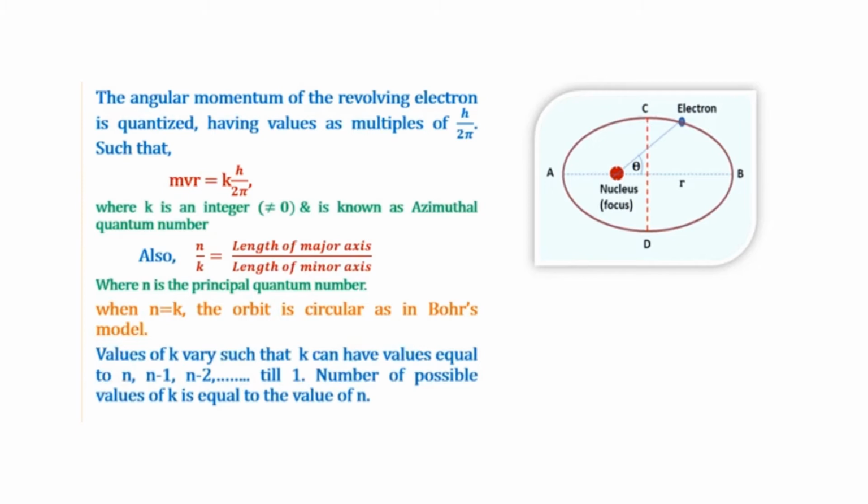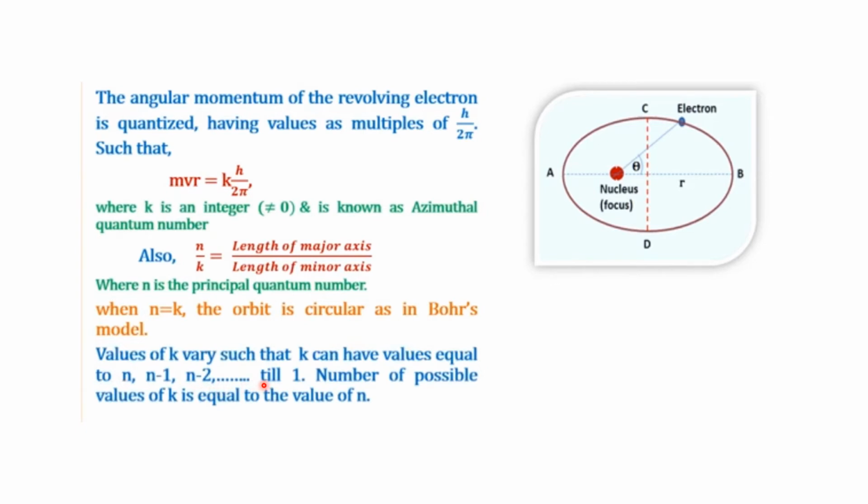It was observed that this n by k value gives the shape of the orbit, and where n is equal to k, the orbit is circular in shape. The values of k can be n, n-1, n-2, and so on till 1.